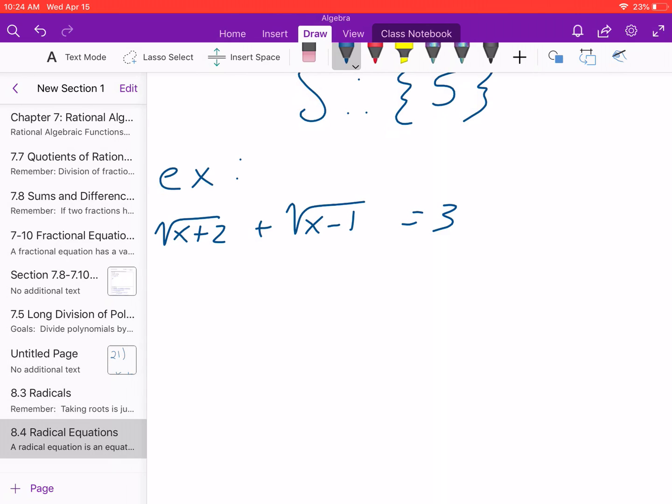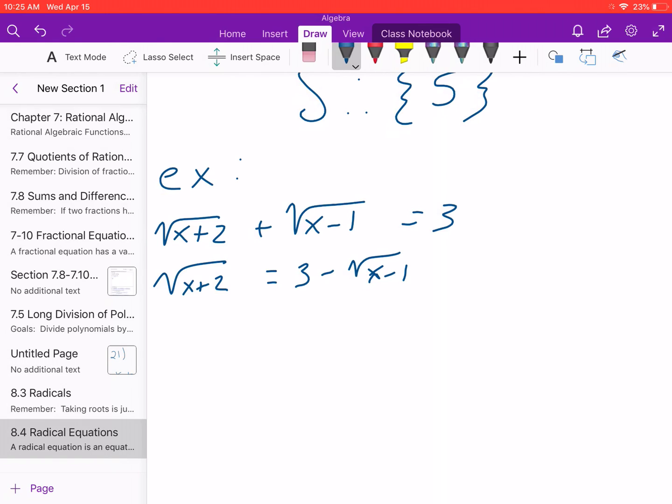We want to isolate our radicals, so we want one on both sides of the equation. So I'm going to leave the square root of x plus 2 on the left side, and I'm going to move the square root of x minus 1 to the right. So it will be written as 3 minus the square root of x minus 1.